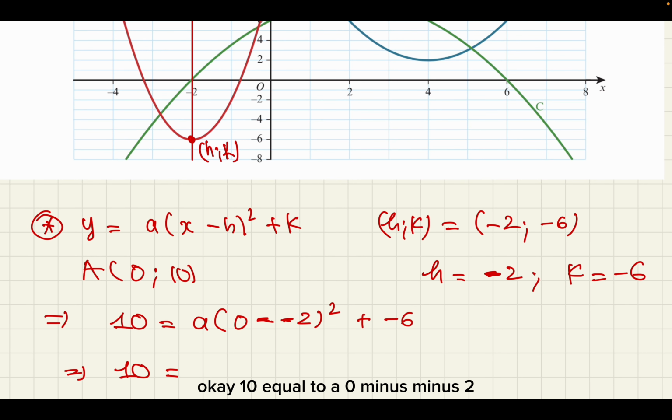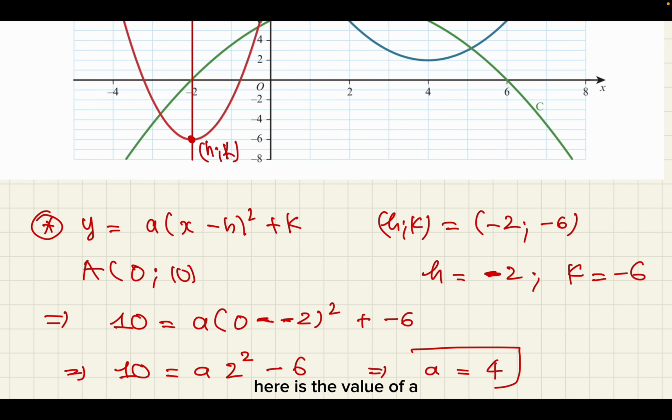So we write down 10 equals a times (0 - (-2)) squared, which is positive 2 squared, and the plus and minus sitting next together, we can write as -6. We can easily find that the value of a is 4.